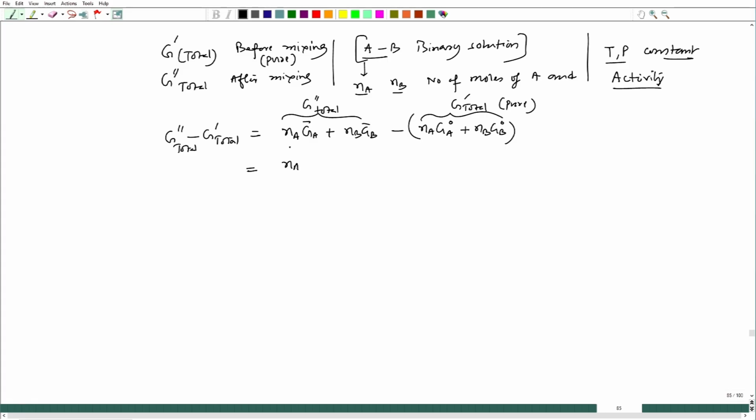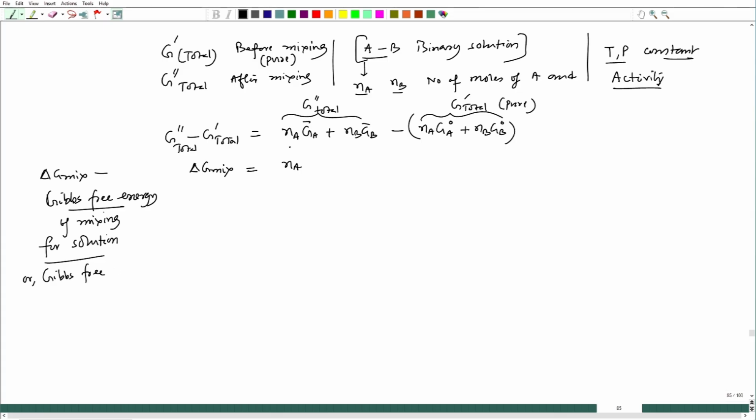So, then I can write this as delta G mix, which gives the free energy of mixing for the solution, or the free energy for the formation of the solution.